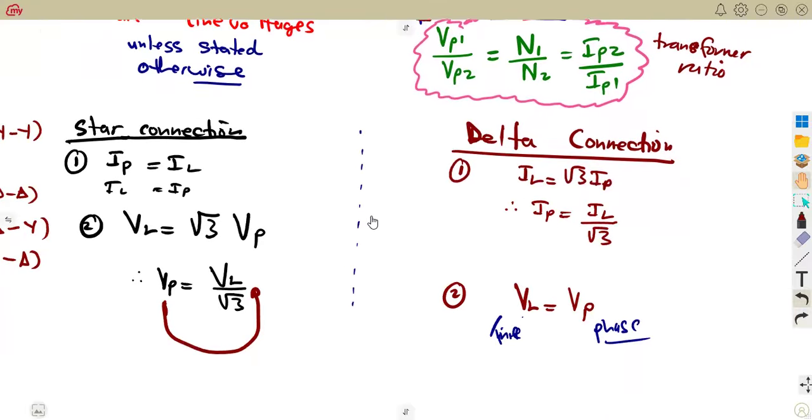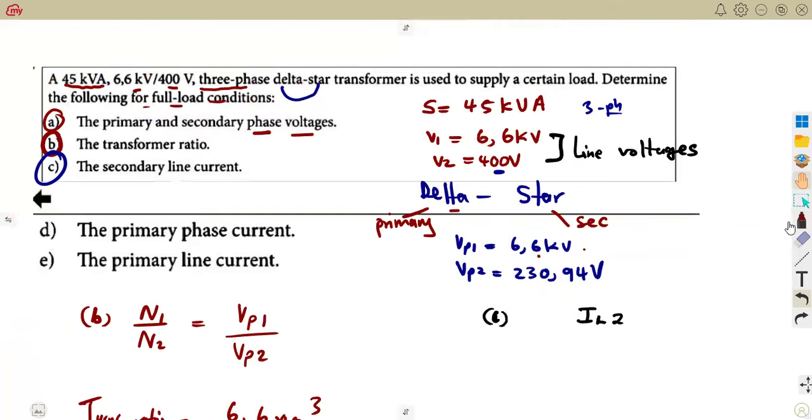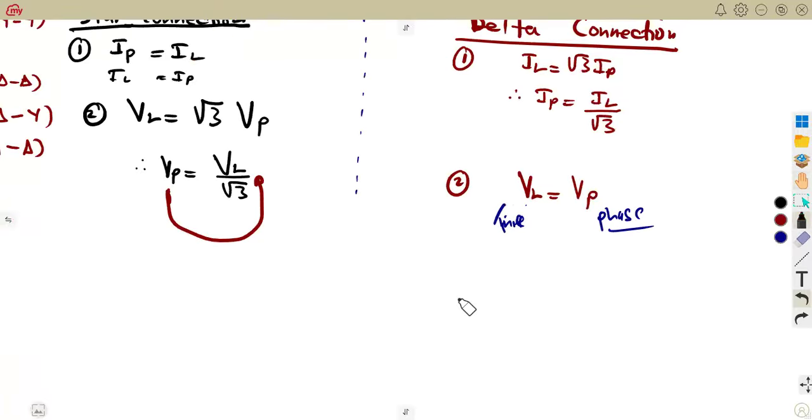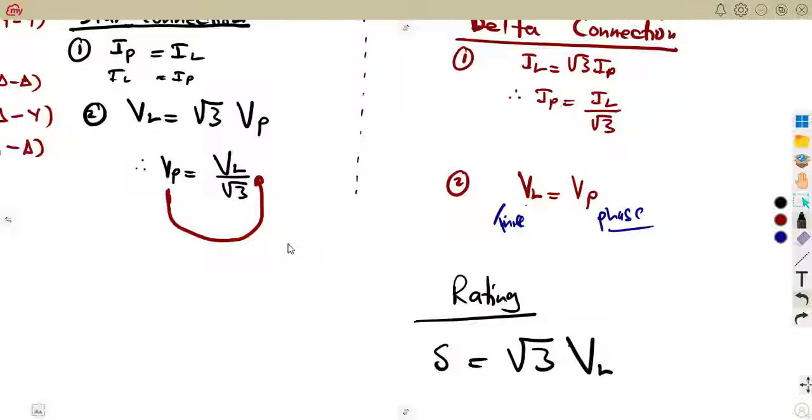What is it that we are given? They gave us the rating. Now it's a 3-phase transformer that you're considering. So let me also have this on your formulas: in 3-phase, the rating of the transformer is given as S is equal to the square root of 3 VL, the line voltage, multiplied by the line current.